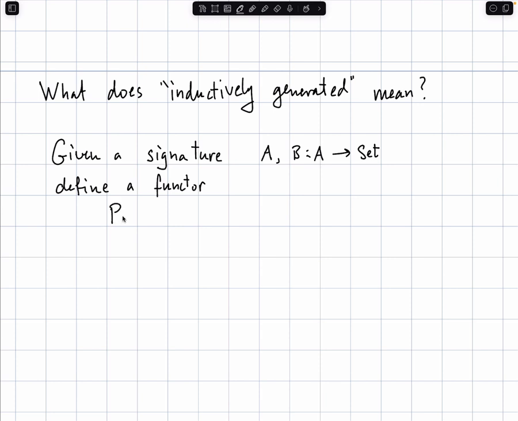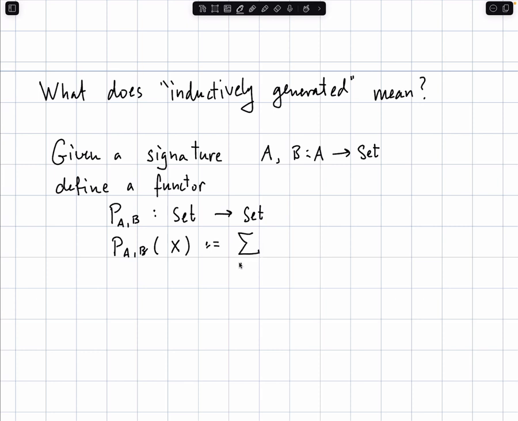Okay, P A B, that's a functor on Set, which takes a set X and gives the following sum.